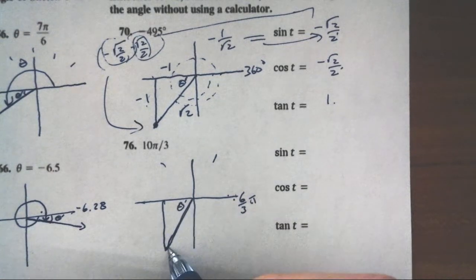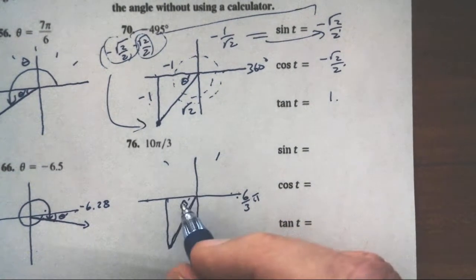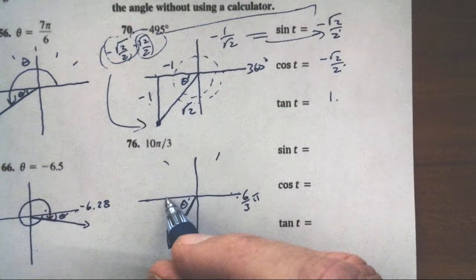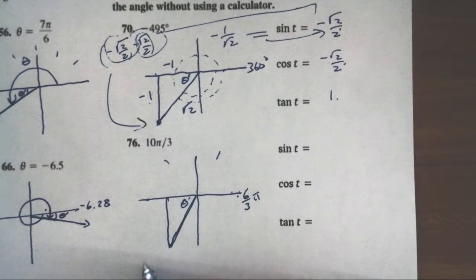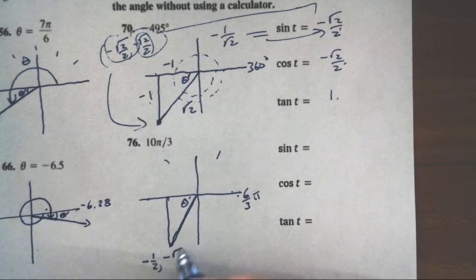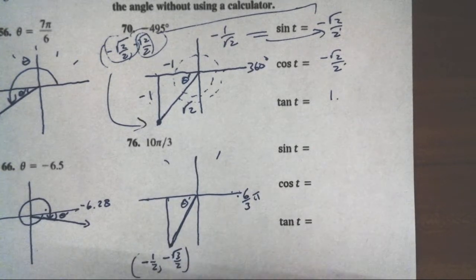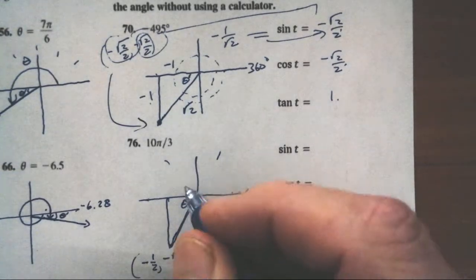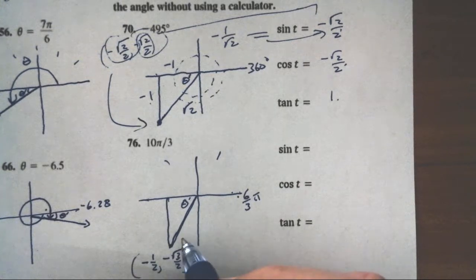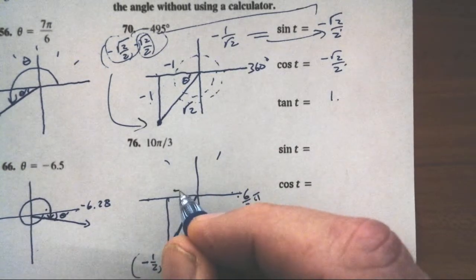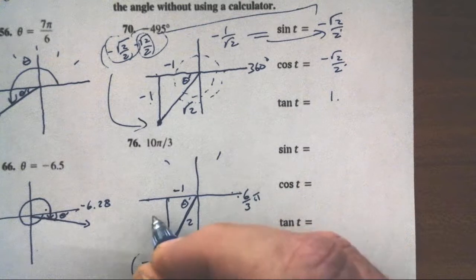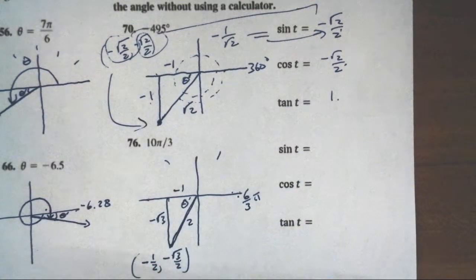So here, once again, we could say, well, that's a 60, so this is short, long. We could say this is the point negative 1/2 short, long, negative root 3 on 2 down. Or we could use values that we're convenient with that aren't on the unit circle, in which case this would be negative 1, 2, and negative square root of 3.